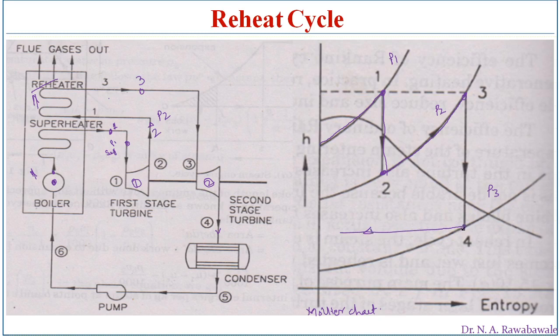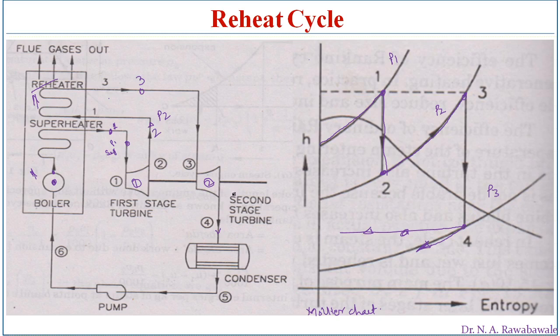So at constant pressure it is condensed along this line, because the condenser pressure is known as the back pressure. It is condensed at the same pressure. So this is the reheat cycle represented on the HS diagram.